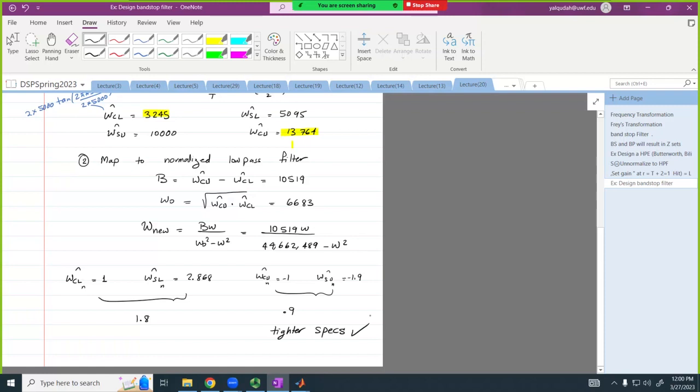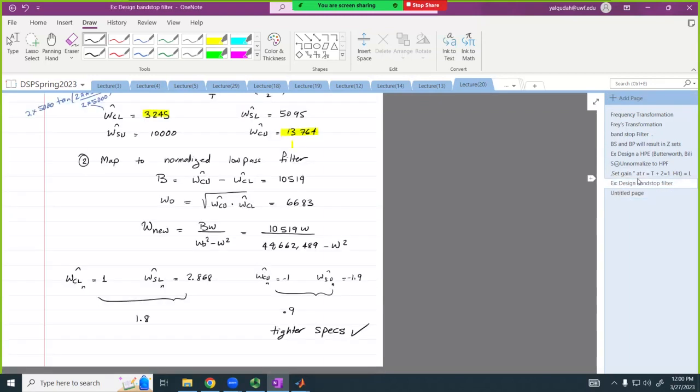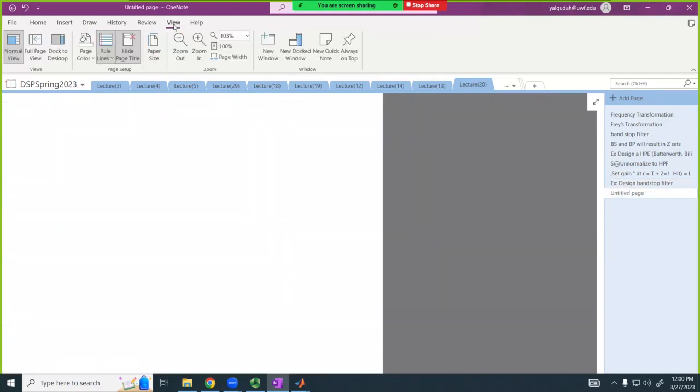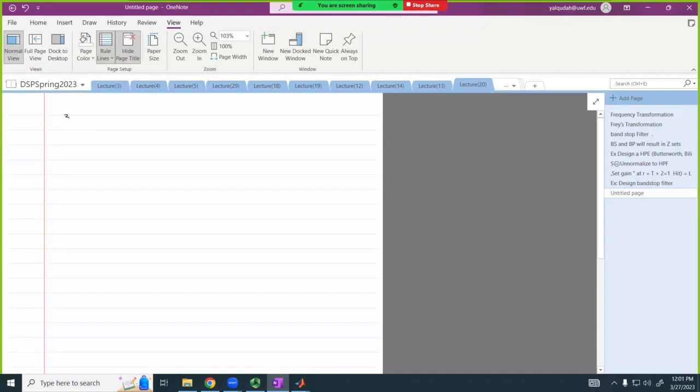Okay. So therefore, we're going to design our low-pass filter. So the third step, design low-pass Chebyshev filter. We have epsilon equal to 0.51.